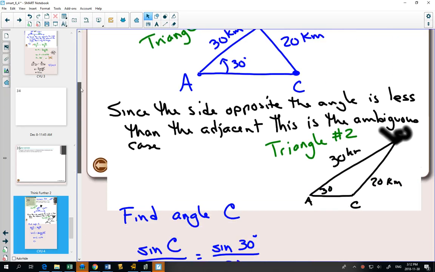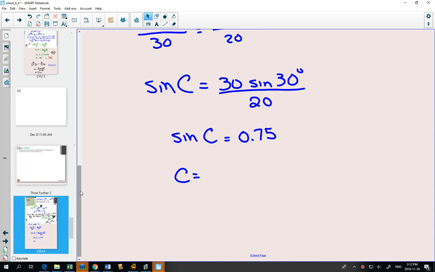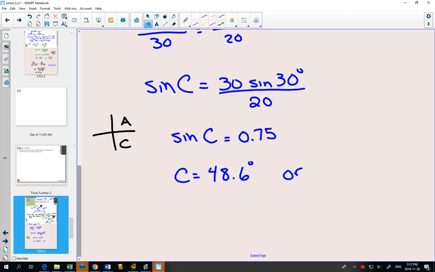To the nearest tenth of a kilometer, so we're going to need to use all the decimal places. 48.6 degrees, or, since sine is positive, thinking about the CAST rule, it could also be 131.4 degrees.